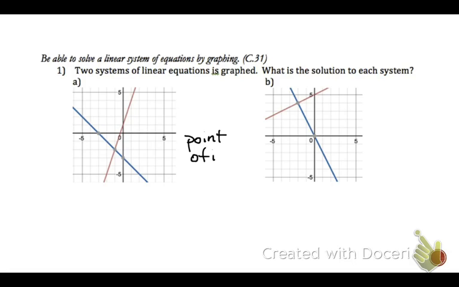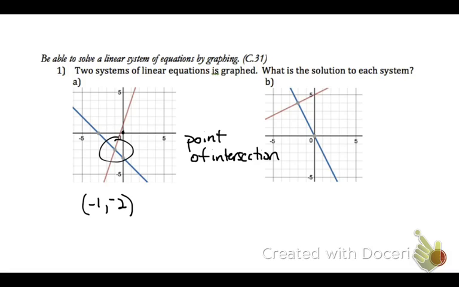So I'm going to circle that point, and to name it we need to pick out the x and the y coordinate. So from the origin I go over -1 to get above the point, and then I move down 2. So the solution to the first system is -1, 2.